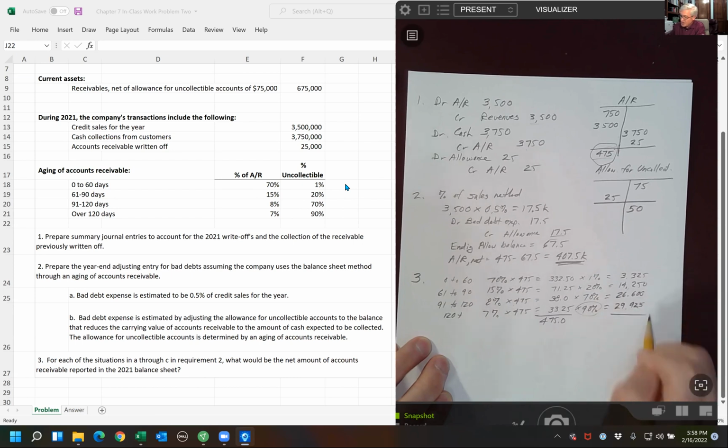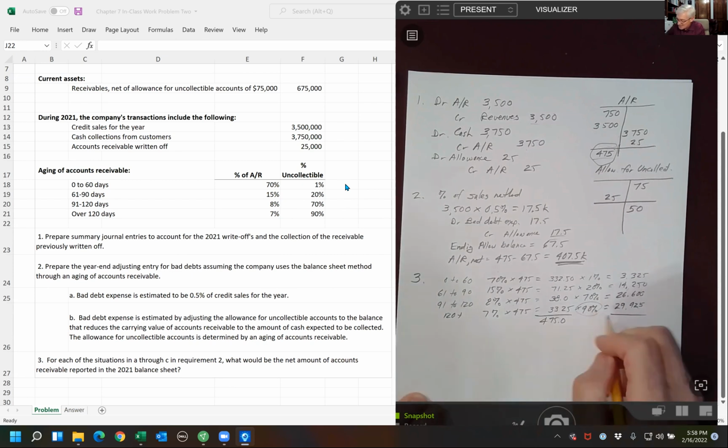Now this really makes sense. Of this 33,000, it's 120 days old. These are deadbeats. 29,000 of that is not going to be collected. That makes a lot of sense to me, a lot more than the first example. And then we add these up and we get 74.1 thousand.